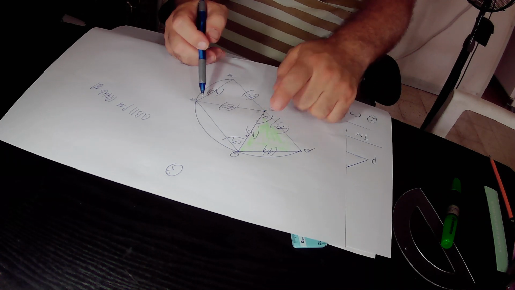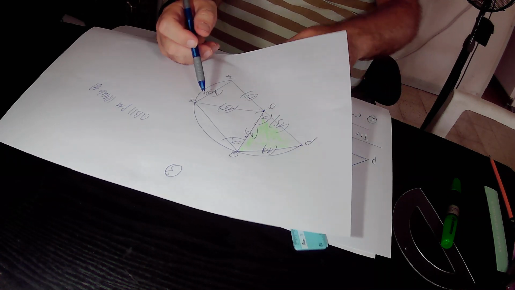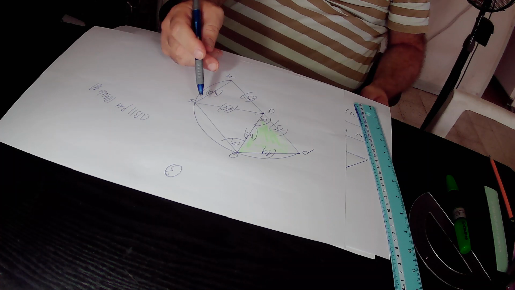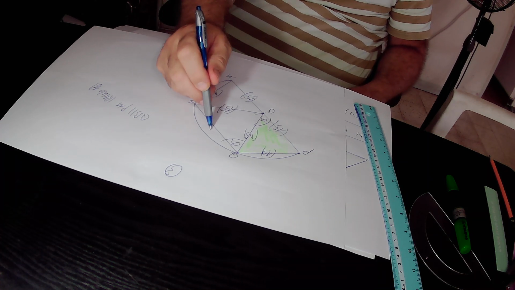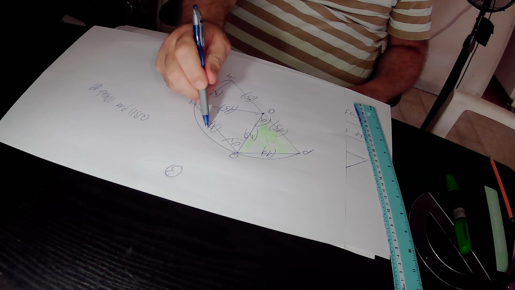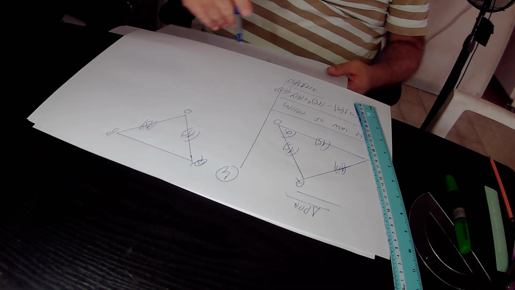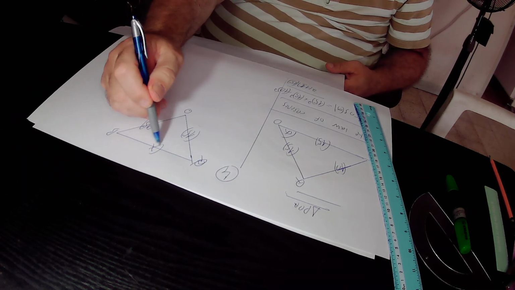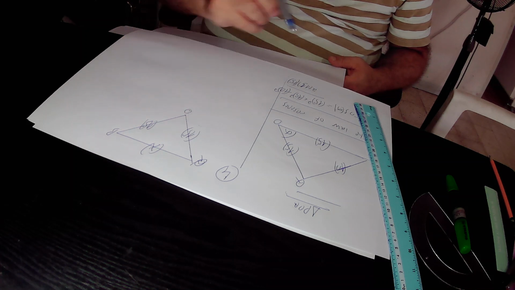This is side QB. That is the line segment that we are looking for in this question. It is equal to x, and our mission is to find out the value of x. So QB equals x.